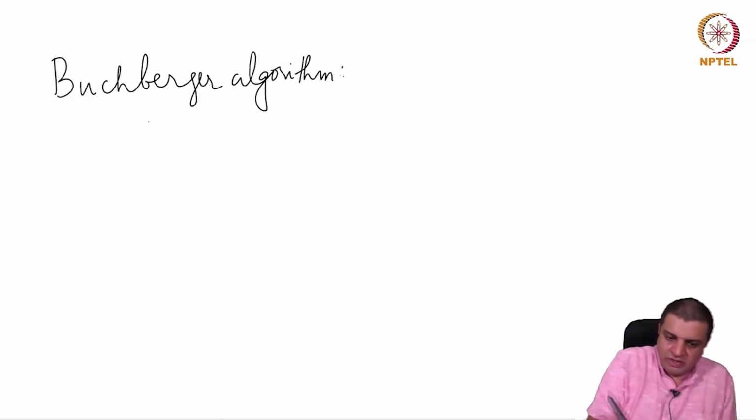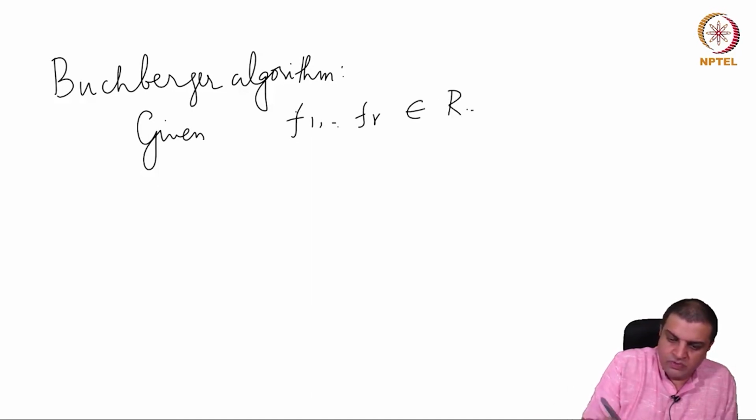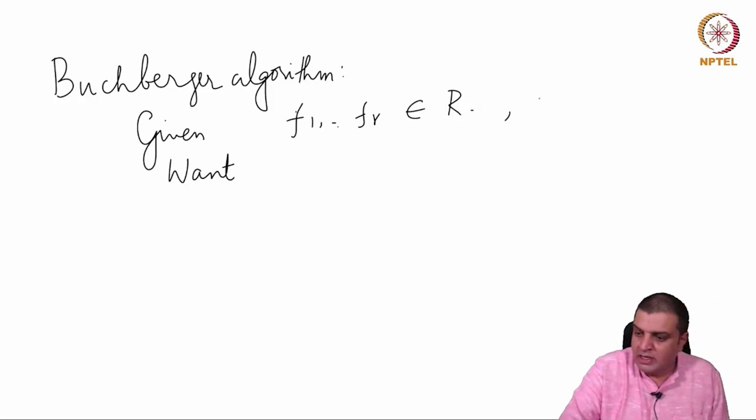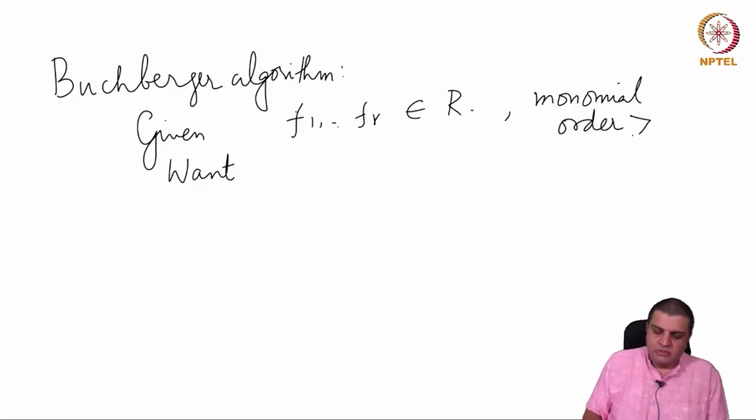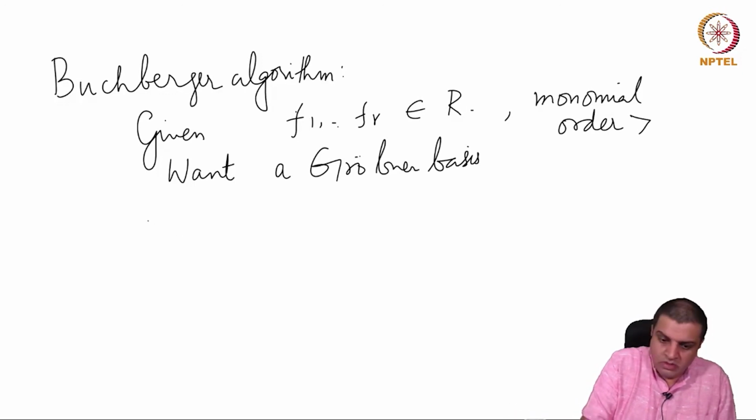So what is given? Given some F1 to Fr inside R, and a monomial order, we want a Gröbner basis of the ideal generated by F1 through Fr.